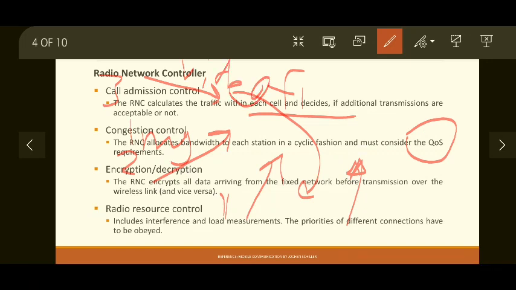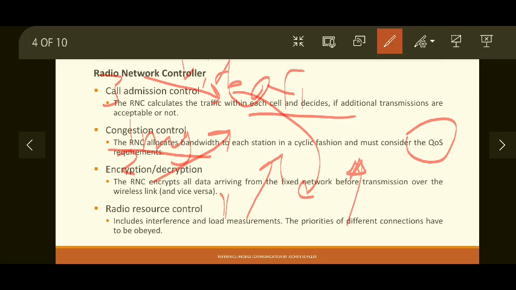Obviously a call will require lesser bandwidth compared to an image, and the second user, who is trying to send an image, will obviously require lesser bandwidth than the third user, who is trying to send a video. So depending on the type of data they are trying to communicate, their quality of service requirement will differ.